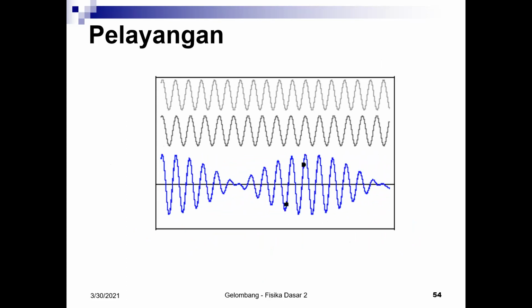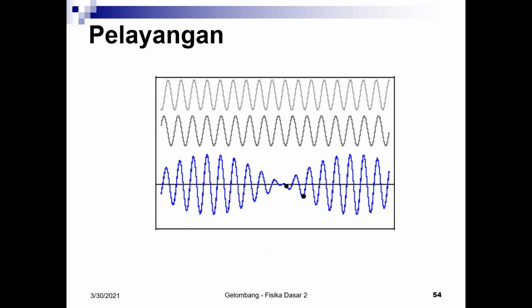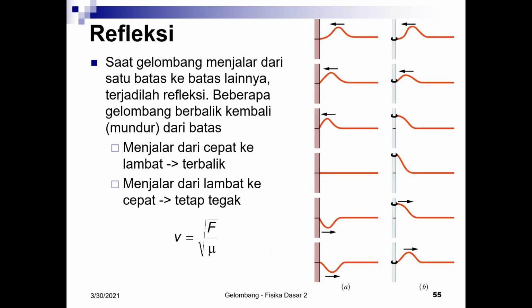Any question? No. Okay. So one of the properties of the waves is that it can be reflected. For example, we have this wave pulse from right to left, and at the end we get a fixed end.